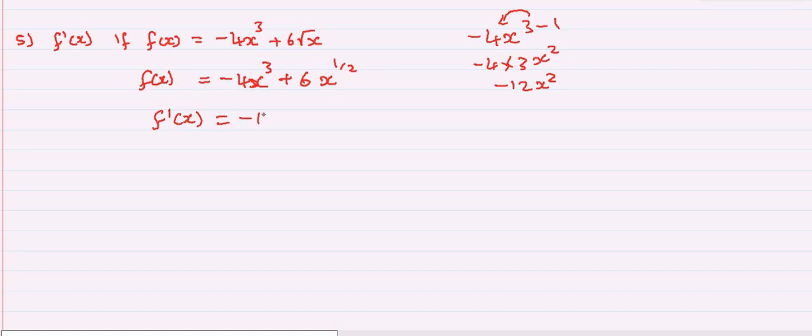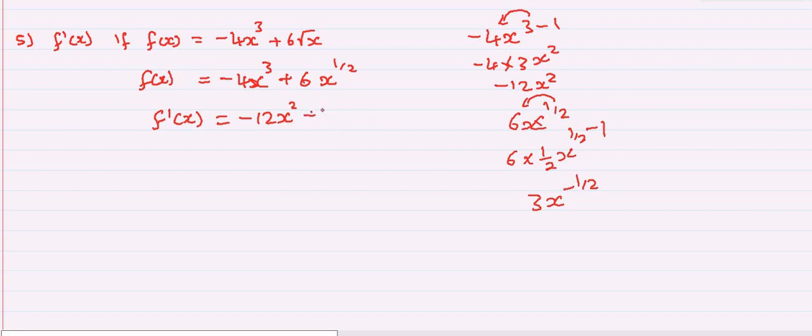So this is negative 12x squared. Derivative of 6x exponent 1 over 2: you take the exponent, you multiply by the coefficient, becomes 6 multiplied by 1 over 2 x exponent 1 over 2. You subtract the exponent by 1. So 6 multiplied by 1 over 2 is 3x exponent negative 1 over 2.